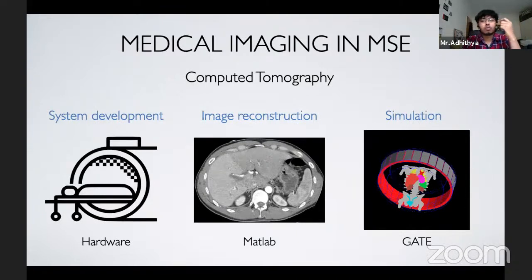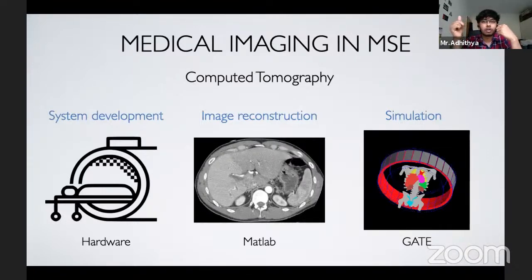And there's also always simulation in computer tomography or radiation physics. So in simulation, what we basically do is, if we are developing a new system which uses a certain structure of hardware or certain software, then this system can be designed in certain software or using certain tools. So for example, there is Gate, which is one of the open source toolkits.